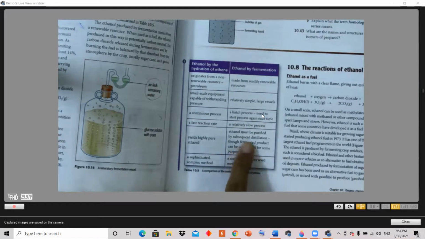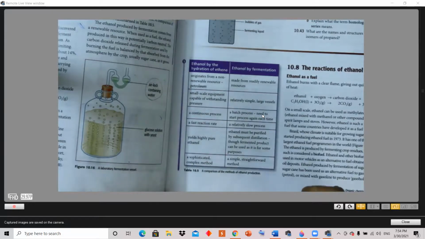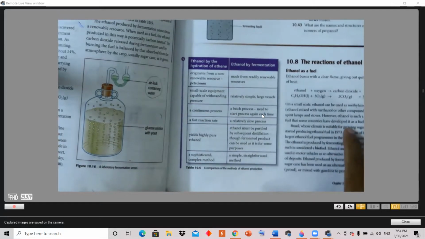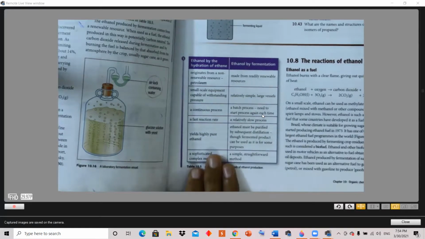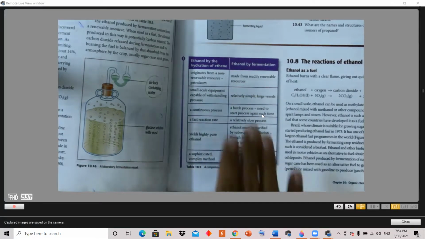So that's a problem. Every method has its advantages and disadvantages. It depends upon what resources are available to you, whether you want pure ethanol or are okay with carbon dioxide, and why you want the ethanol. So which one do you think is eco-friendly of the two, after going through this table?